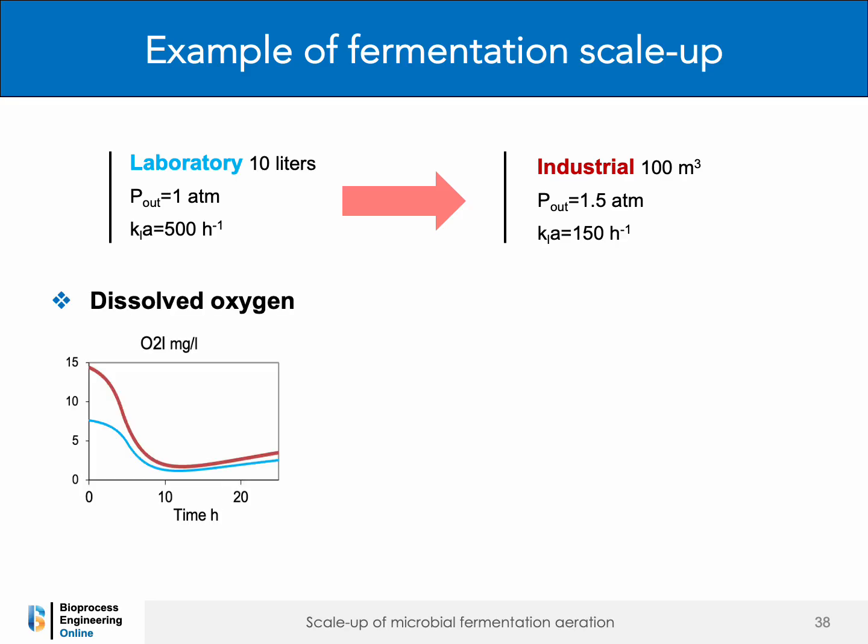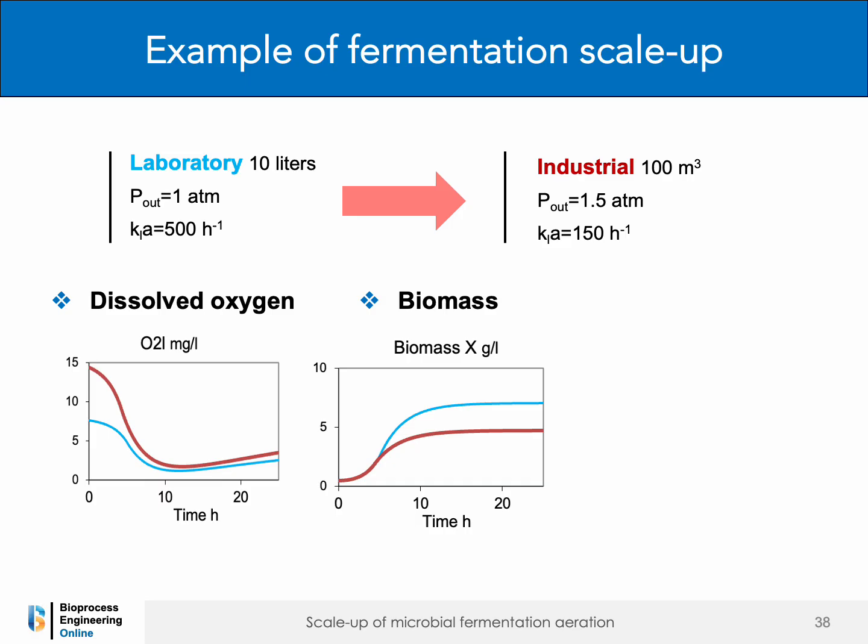At both scales, the biomass concentration is actively controlled to prevent the dissolved oxygen concentration from dropping below 1 milligram per liter, thereby avoiding oxygen-limited conditions. Under these constraints, the maximum attainable biomass concentration decreases from 7 grams per liter at laboratory scale to around 5 grams per liter at industrial scale.